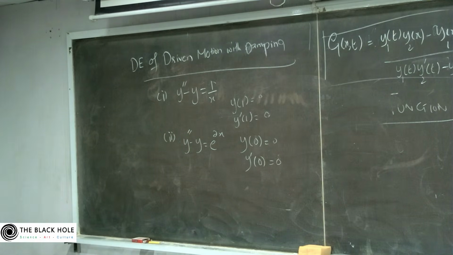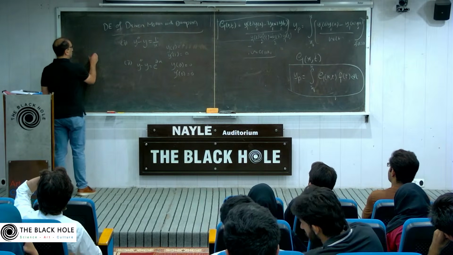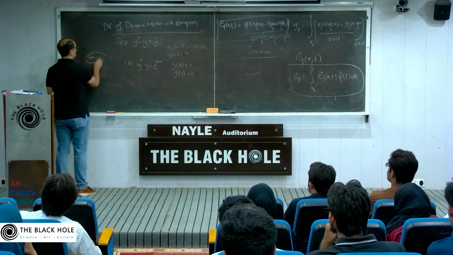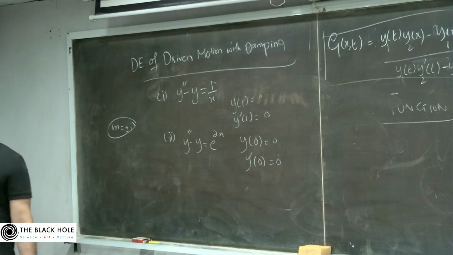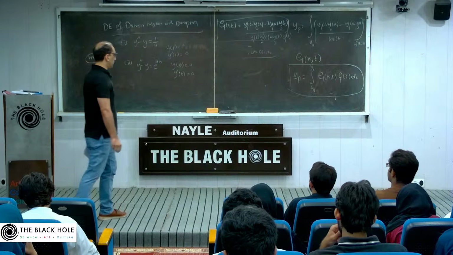Find the Green's function. This is very simple, right? Auxiliary equation will be m is equal to plus minus i. So the Green's function will stay the same. The only thing that will change eventually is the solution that you write.